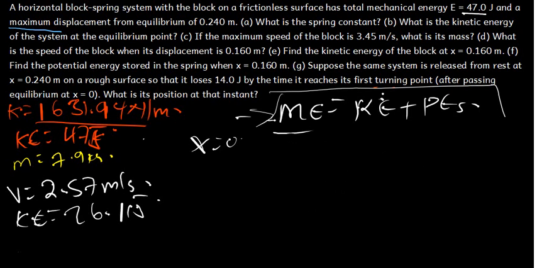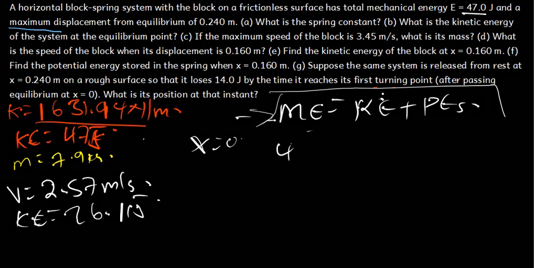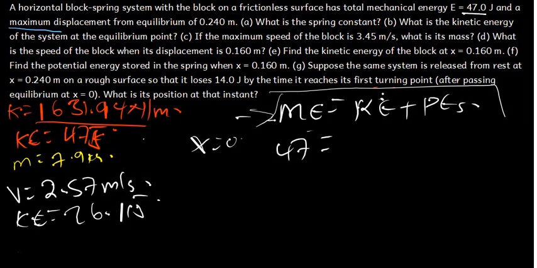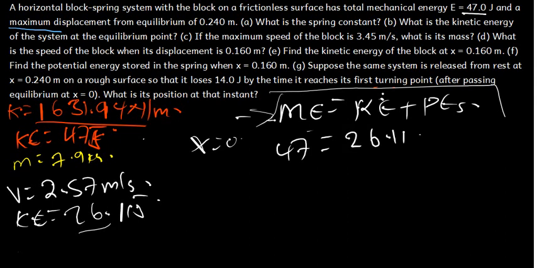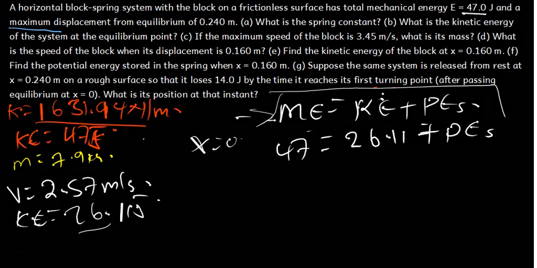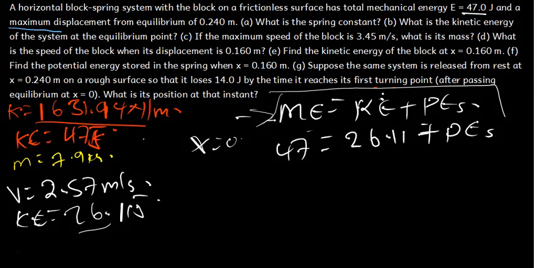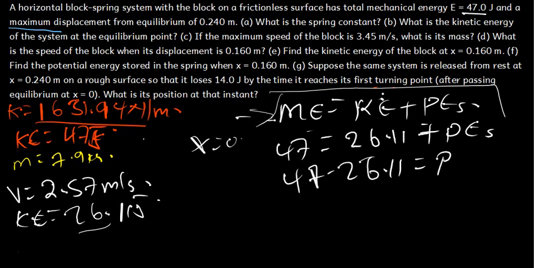So since we have the mechanical energy at 47, it has to be equal to the kinetic energy, which we found here to be 26.11, plus the elastic potential energy. Let's shift this to the other side: 47 minus 26.11 has to be equal to the elastic potential energy.